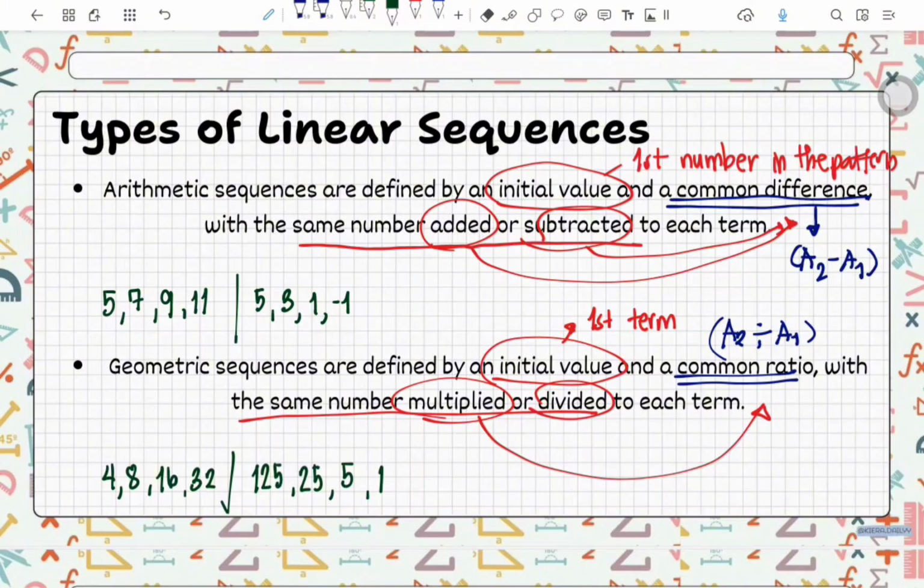So this one is divided by 5 and the other one is multiplied by 2. For the arithmetic, this is plus 2 and this one is minus 2. So an arithmetic sequence is adding or subtracting the common difference, and a geometric sequence is multiplying or dividing by the common ratio.